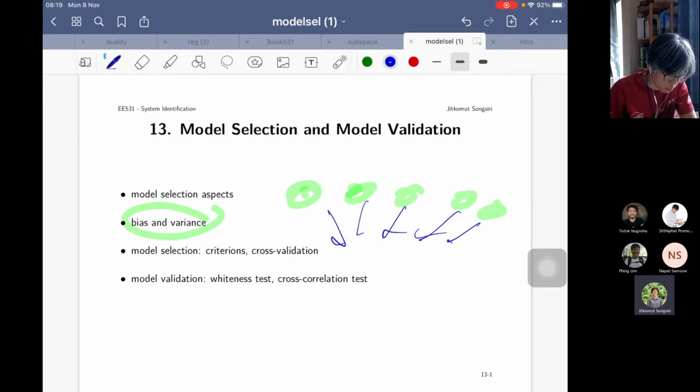The criterion we learn in this lecture is called the model selection scores, and another approach is to use the cross-validation process.